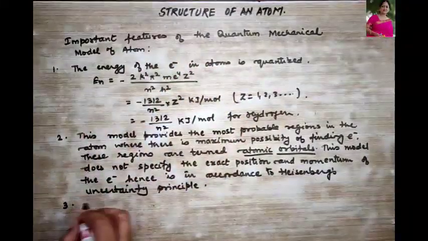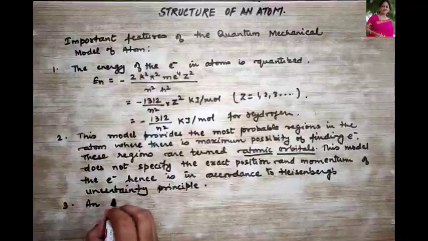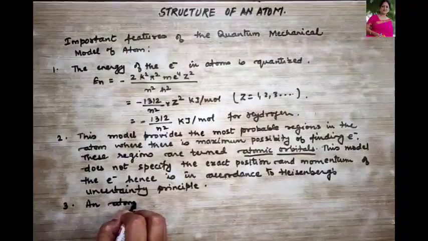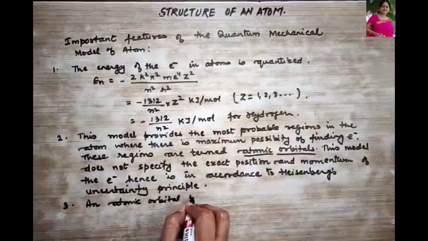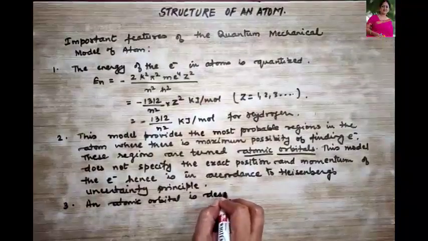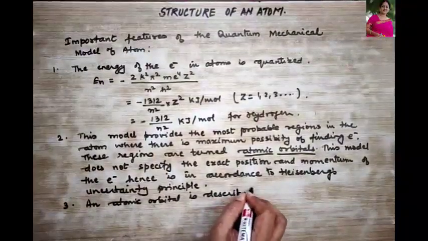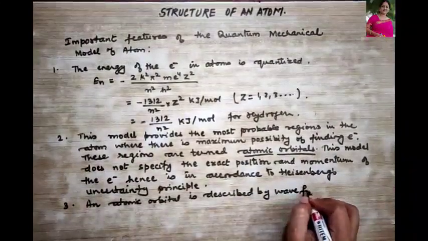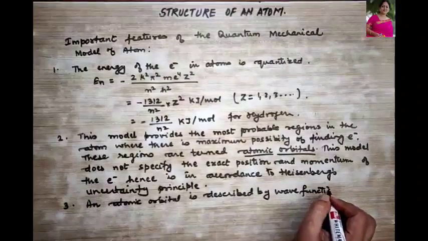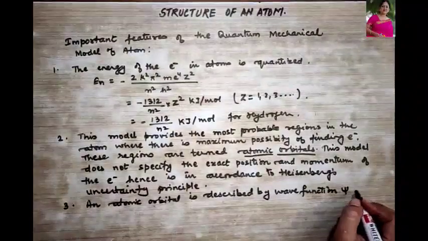Fine. So I mention over here that an atomic orbital is described by what? As I told you, described by wave function. Okay, and how do we write it down? We write it down like this.